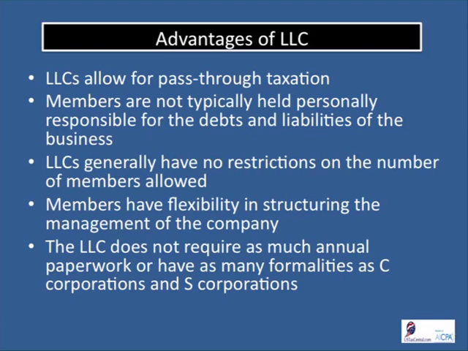On the next slide we do the advantages and disadvantages of the LLC. An LLC is a pass-through entity. The way it functions is we have the LLC, and the LLC itself does not pay any tax. What it does is the income in its character form is passed to the members. So we can have several members in the LLC. We can have James and wife, whereby James is a member and the wife is the second member.